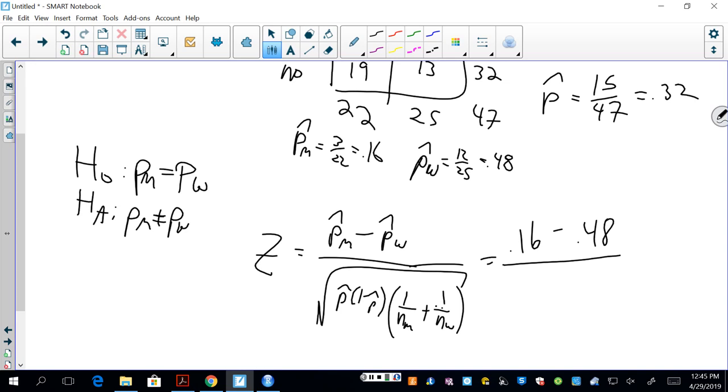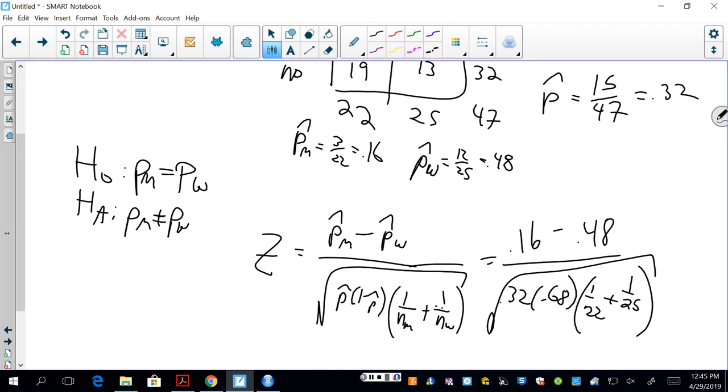So this one is going to be 0.32 times 0.68, and then the two sample sizes, 1 over 22 and 1 over 25.